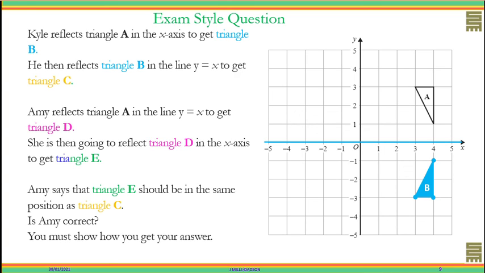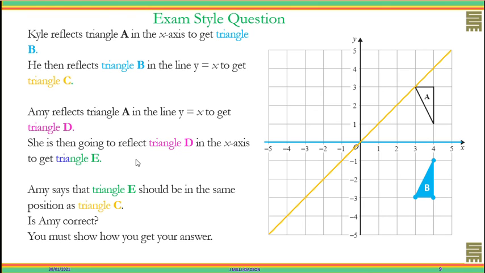Now B is going to be reflected in y equals x. So I'm using color to help you understand. The blue is reflected in the x-axis to get to this point B. So B is going to be reflected over the yellow line to get to C.